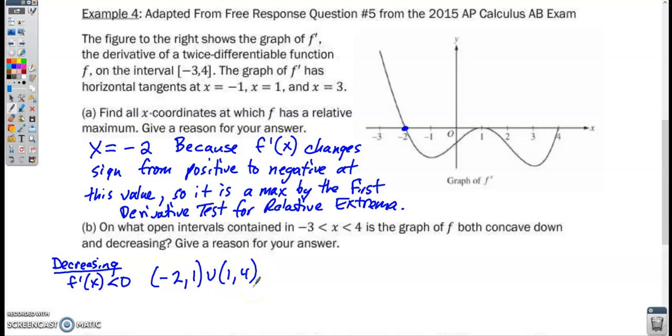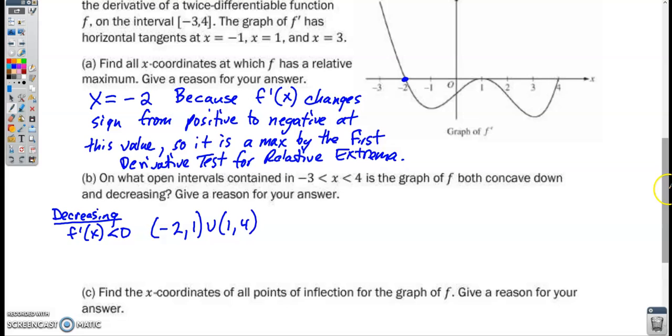That's where f prime of x is negative. It's concave down when f prime is decreasing, or when f double prime is negative.